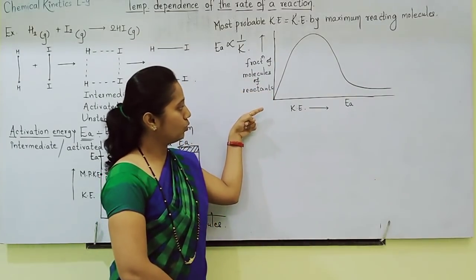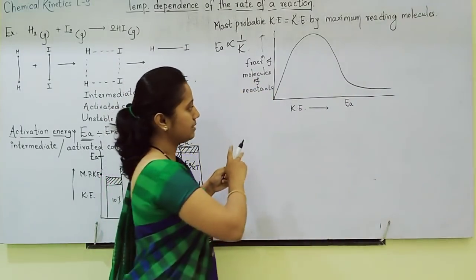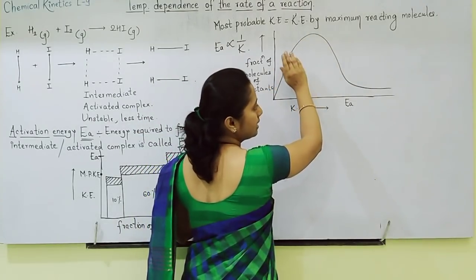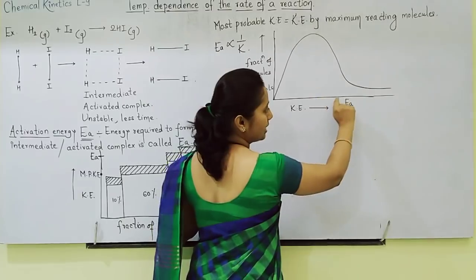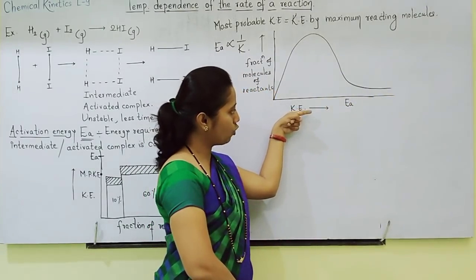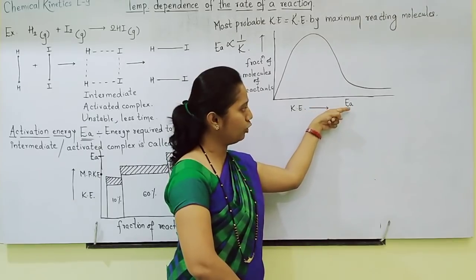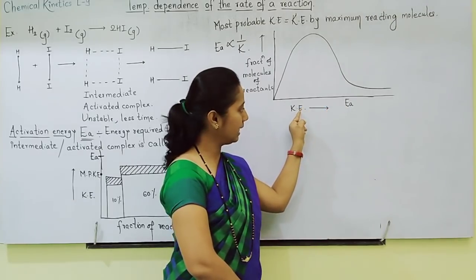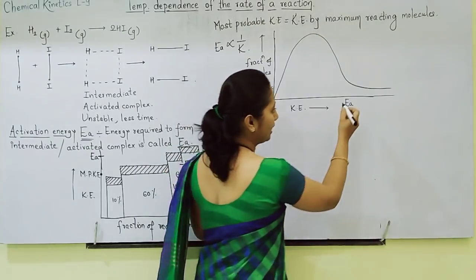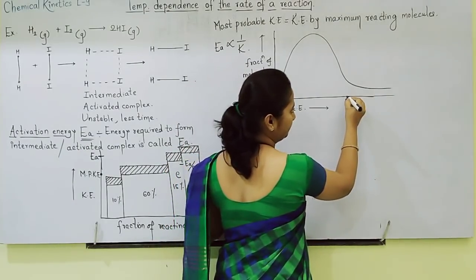So you can see here that these are so many fraction of molecules. Their kinetic energy is increasing towards the right side. Kinetic energy goes on increasing and some molecules will have kinetic energy equal to activation energy. So activation energy I have shown here.